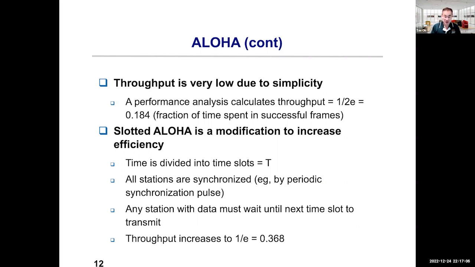So pretty unreliable. Next they created slotted Aloha, a modification to increase the efficiency, where all stations are synchronized by a periodic synchronization pulse, which means you can do round robin to send.